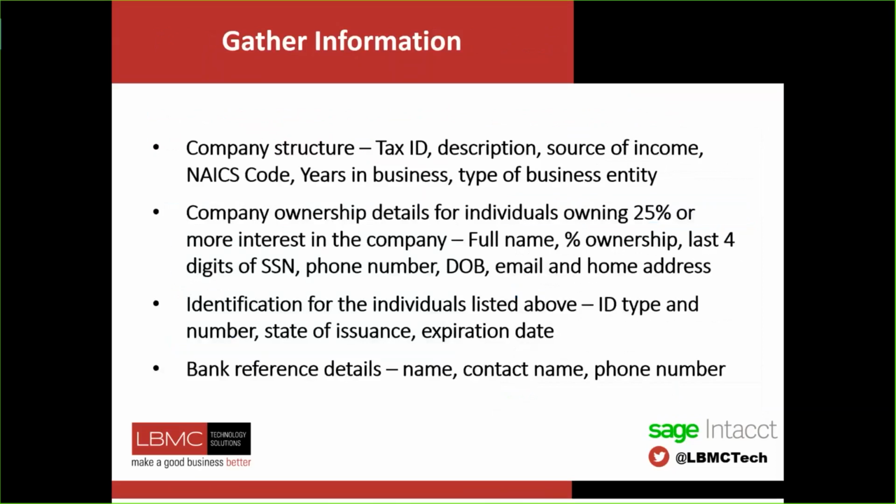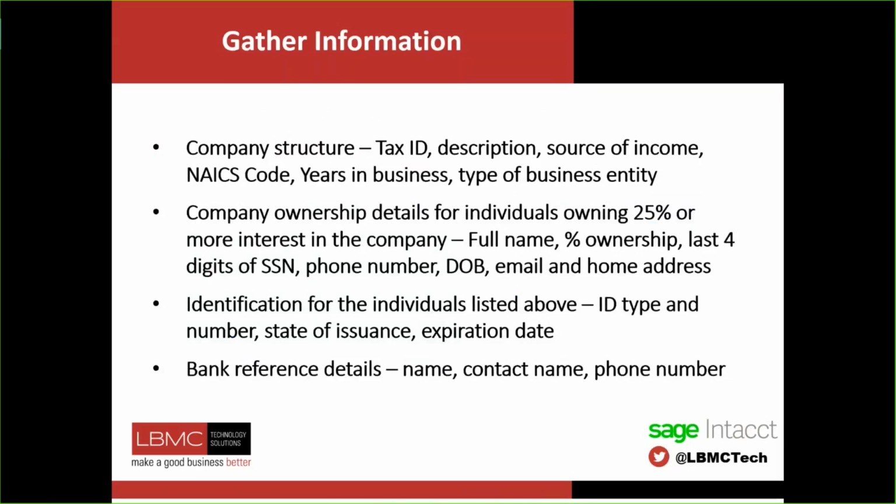So while you're waiting for the email, you'll want to get this information together, if not before. Your company structure, so you'll need the tax ID, of course, and the description of your company and source of income, meaning this is going to ask about any parent corporation.